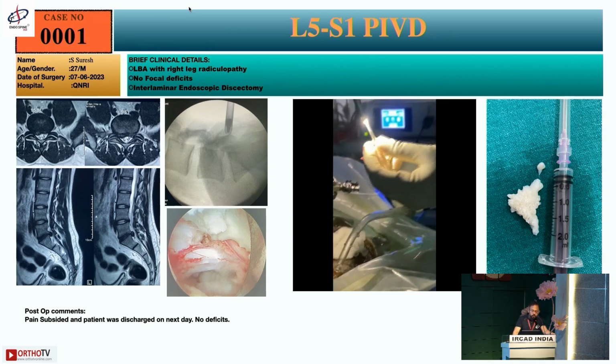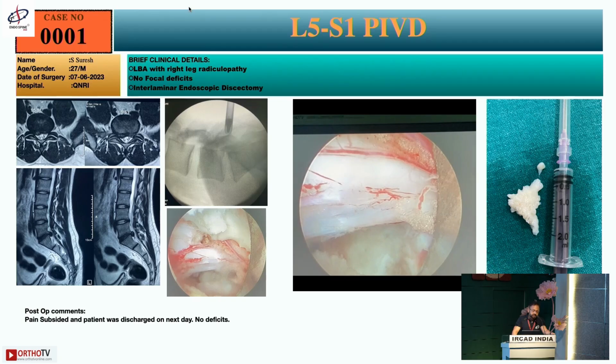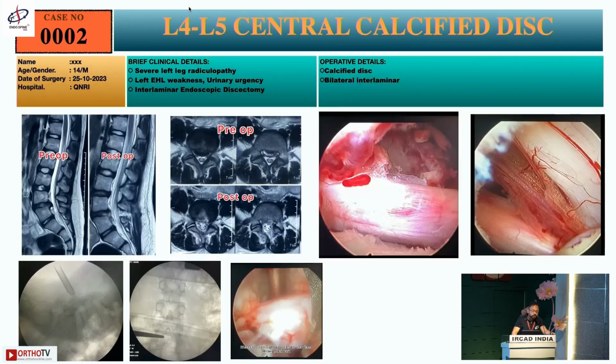So we are able to do a good amount of discectomies initially. This is how you start with a good interlaminar window. I'm talking about interlaminar or PSLD surgeries.